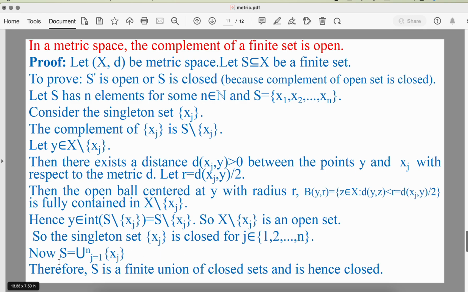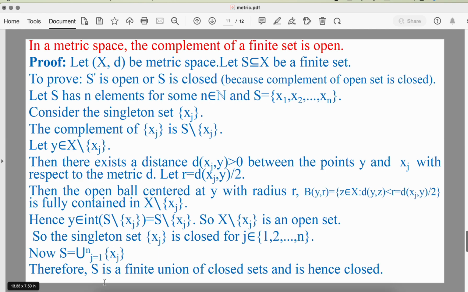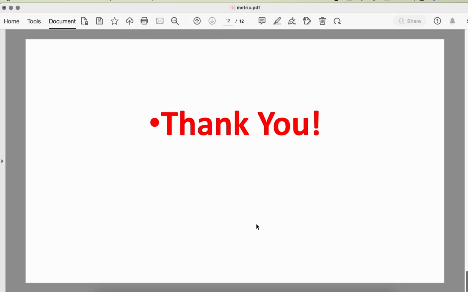It means S is equal to the union over j from 1 to n of {xj}. S is a union of these {xj}'s, because S is nothing but {x1, x2, ..., xn}, and we have proved that each {xj} is closed. So S is a finite union of closed sets, hence S is closed. So we have proved that S dash is open, meaning the complement of a finite set is open. Thank you.